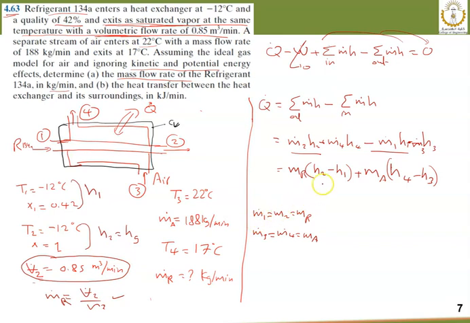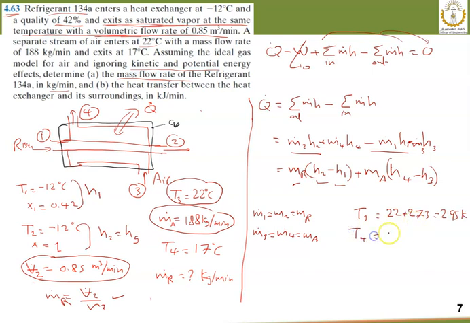So now we can find m dot R. That's about the refrigerant. We have m dot R, h2 and h1, and m dot a is already given. All we need is to find h3 and h4, and again we can use the air tables. T3 equals 22 plus 273, this is 295 Kelvin. T4 equals 17 plus 273, this equals 290 Kelvin.